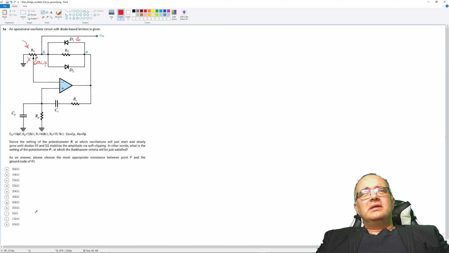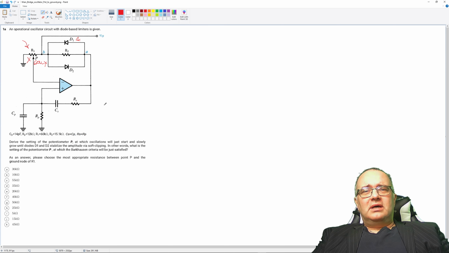Now we recognize that this is a Wien bridge, and if you ignore the diodes, which turn on only when the amplitude is too high, what you have is a forward gain, which is a non-inverting amplifier configuration. So these are the resistors, like this.